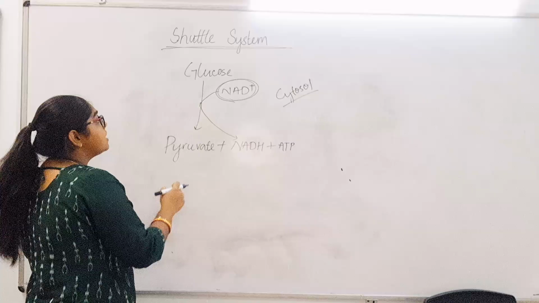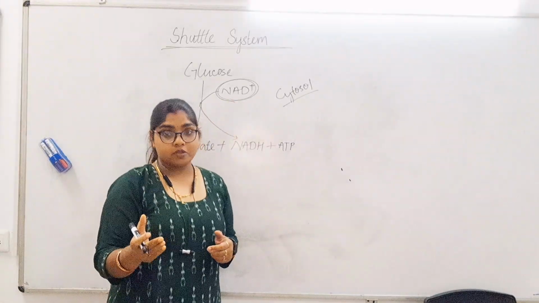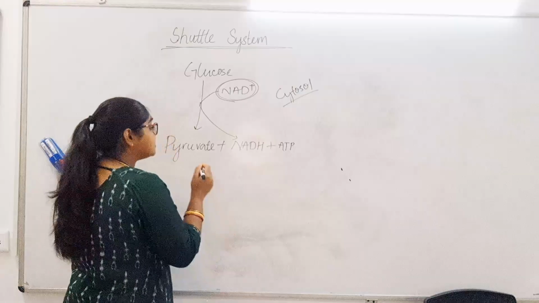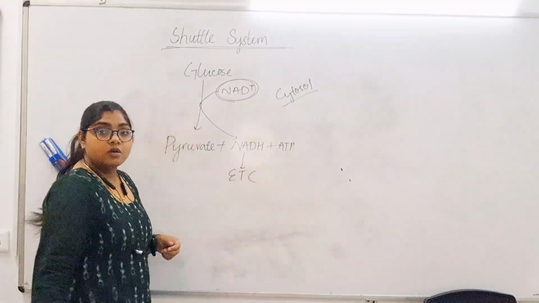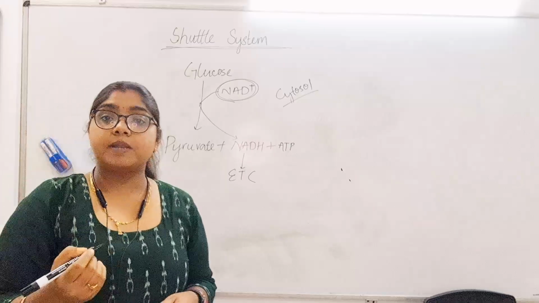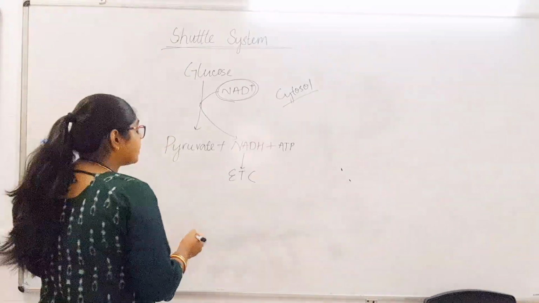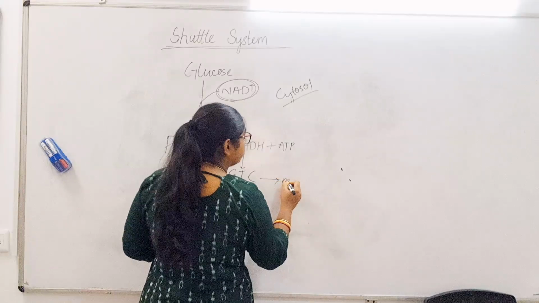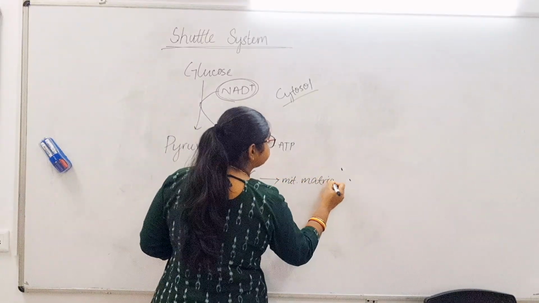So this NAD plus again regenerates from the NADH. Okay, and for that the NADH has to move to the electron transport chain. The electron transport chain takes place in the mitochondrial matrix.